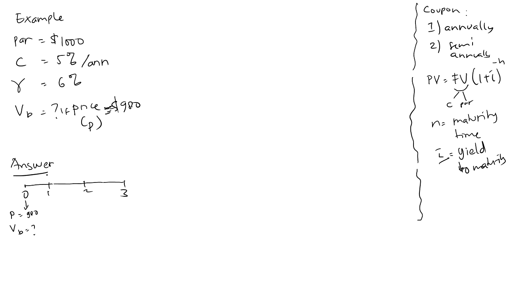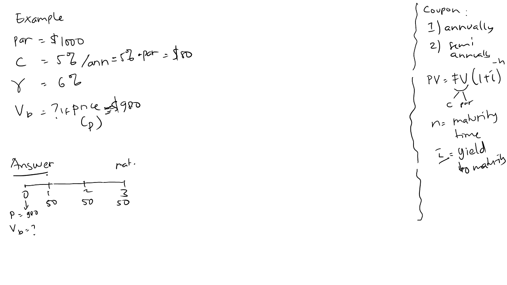Now let's see the 5% coupon rate. In currency value, it will be 5% of the par, 5% of 1,000, which is $50. Because it is given annually, I put the C here: 50, 50, 50 until the maturity time.